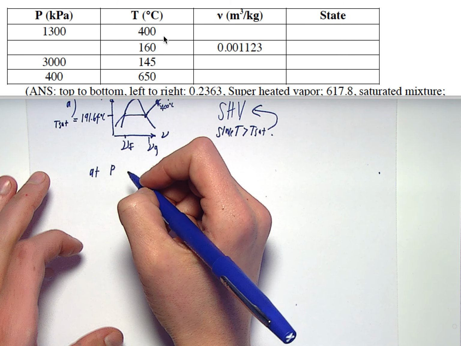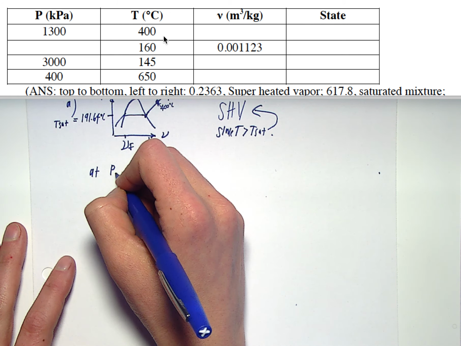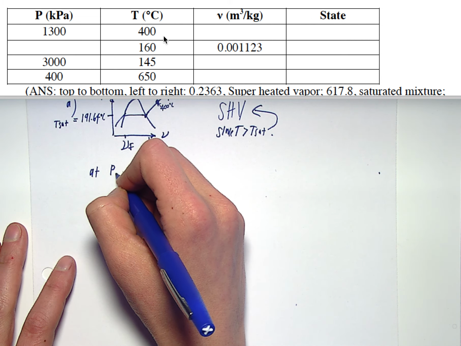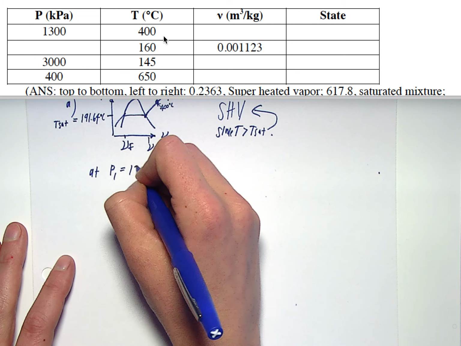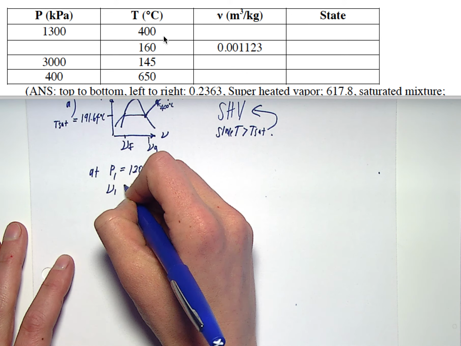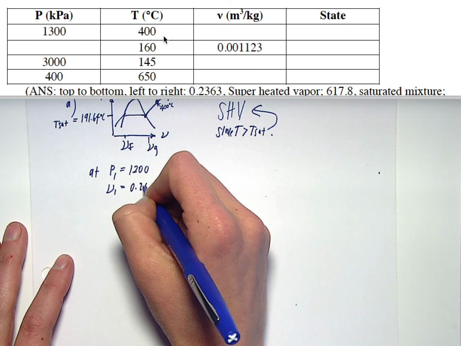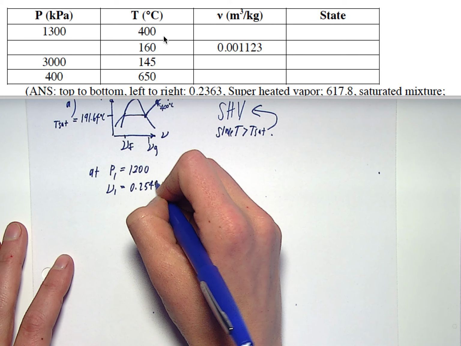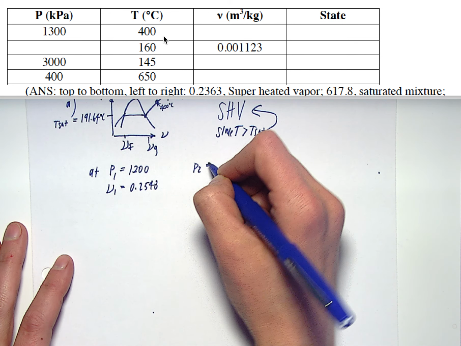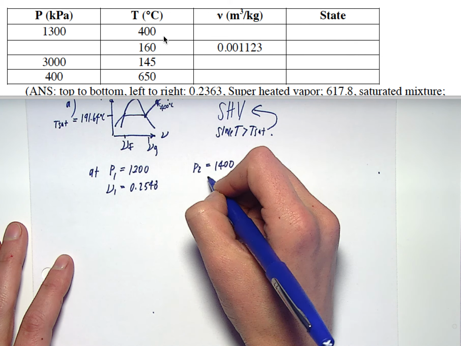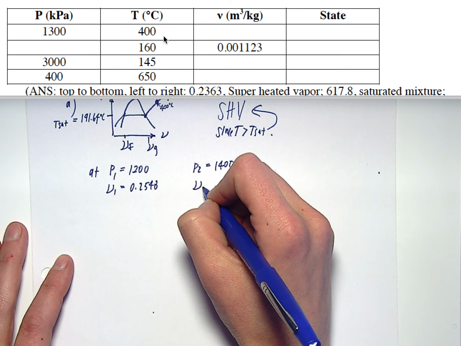So we looked up 1200 and looked up that v value in the superheated vapor tables. That's what I just pointed to for you. And then we looked up the 1400 values too.